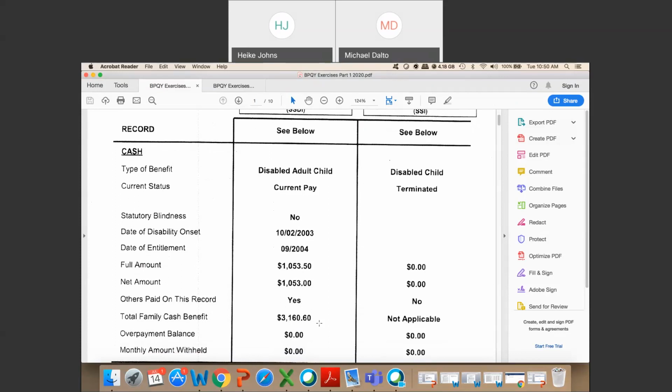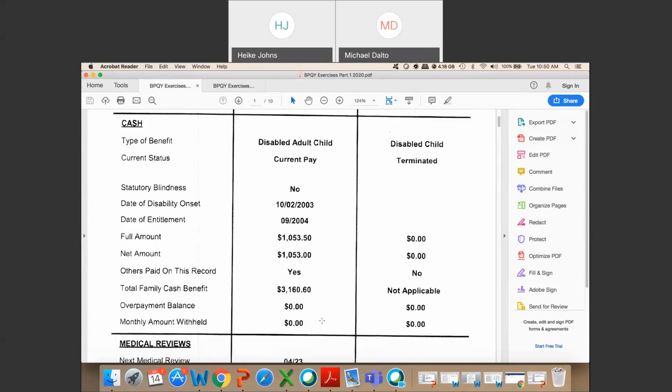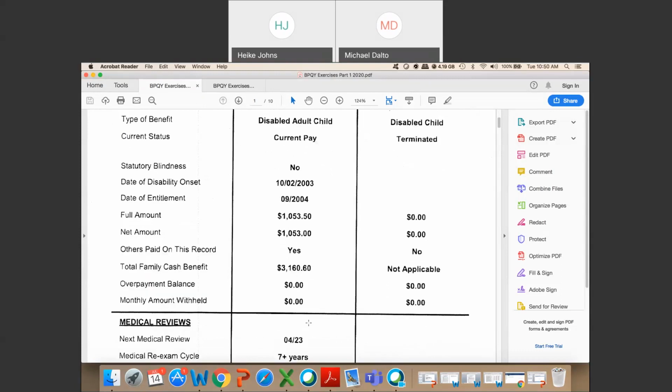That means the total benefits received by the individual who's getting the disabled adult child benefit, the parent, and possibly any other dependents getting benefits would be $3,160. There's no overpayment balance, that's a 0. No amount being withheld for an overpayment.